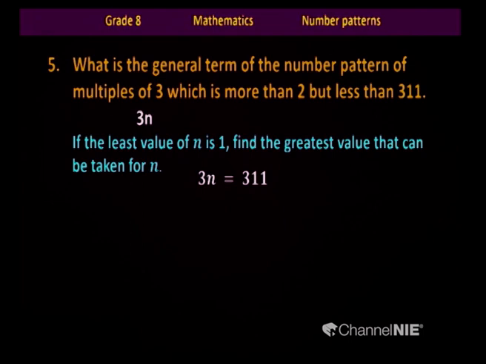We know that it is not a term of this number pattern, but we need to get the greatest term first. Therefore, to find the greatest term, we will construct this equation and then we will try to simplify it. The value for n which we can get here by simplifying this equation would help us to find the greatest term or the last term of this number pattern.